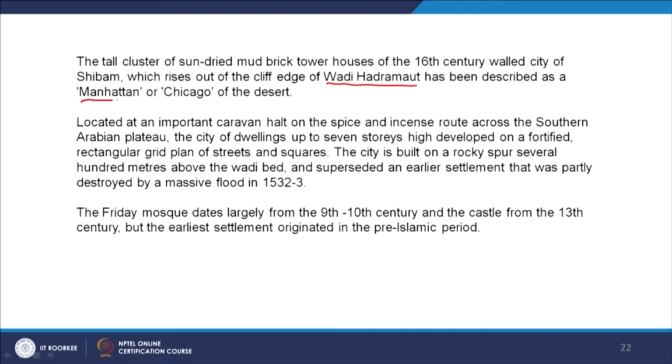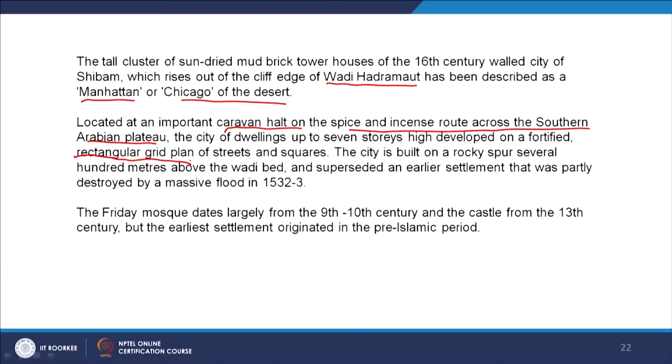It is located in Yemen, an important caravan halt on the spice and incense route. There's always a spice route. So the trade routes have also created certain stopover, halt places. This is the spice and incense route across the southern Arabian plateau.